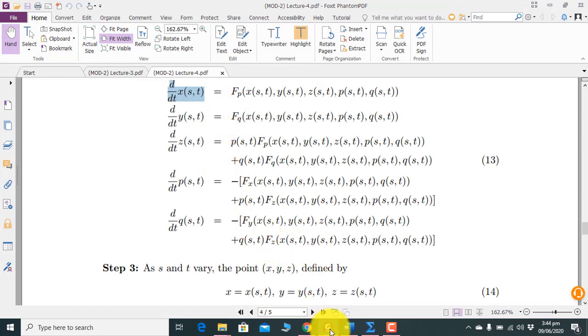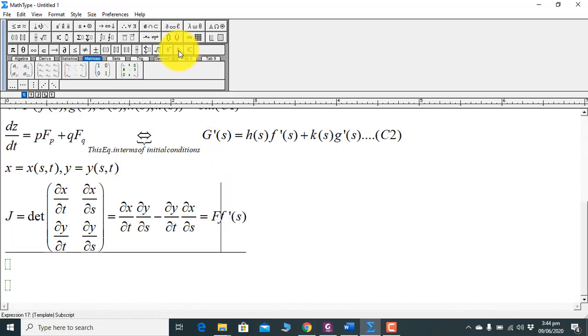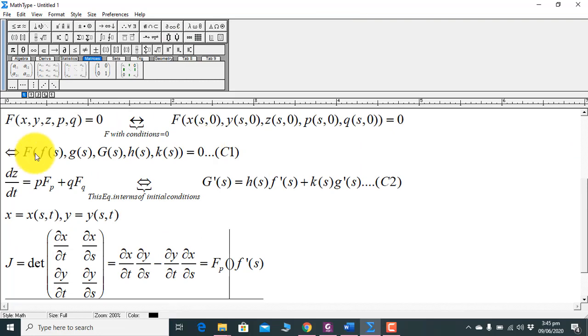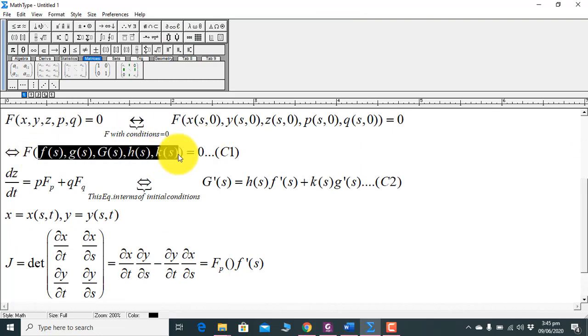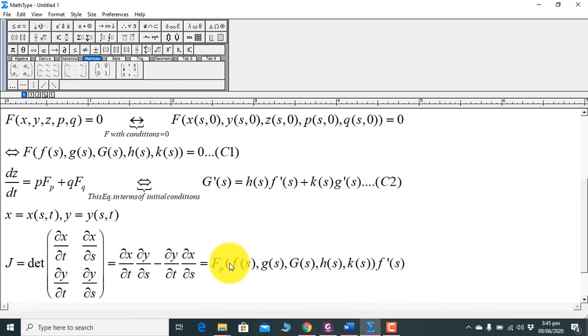So partial x over partial t is fp. I write for you partial f over partial x over partial t, which is fp of conditions. Be very careful, fp of conditions, which means fp not of x, y, z, p, q, but fp of f of s, g of s, capital G of s, h of s, and k of s.